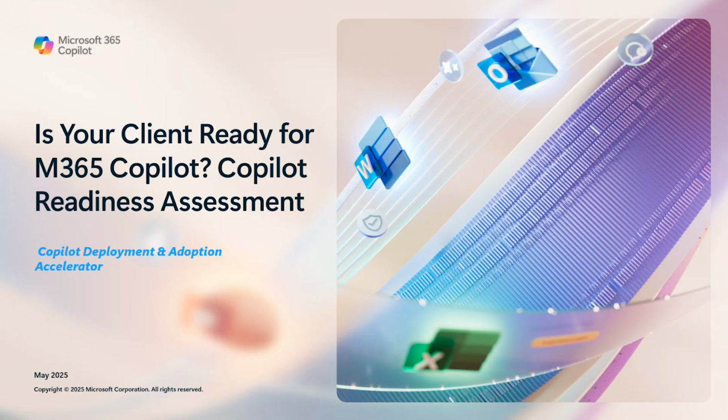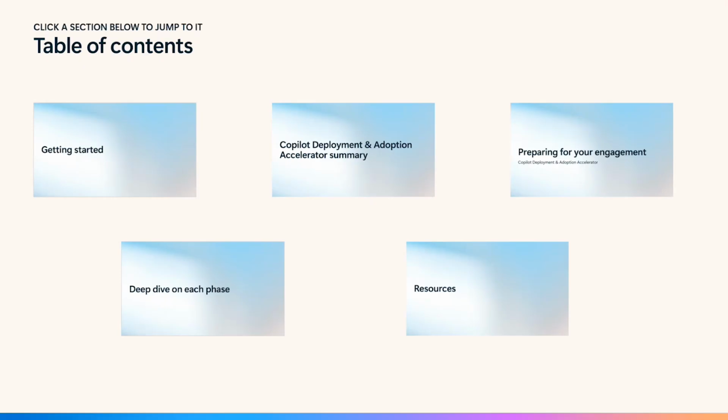As I mentioned, today it's a special webinar about Copilot deployment and adoption accelerator. The table of contents is going to be about different categories here. We'll start by getting started with Copilot.